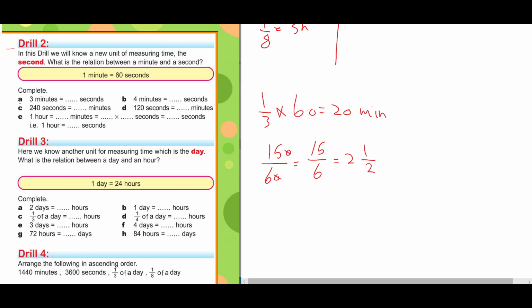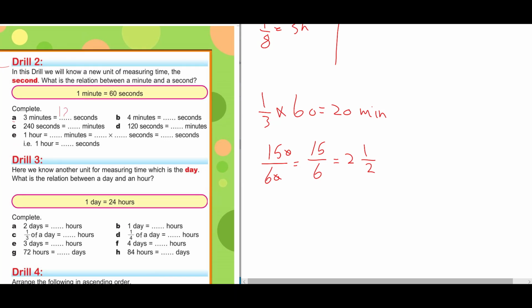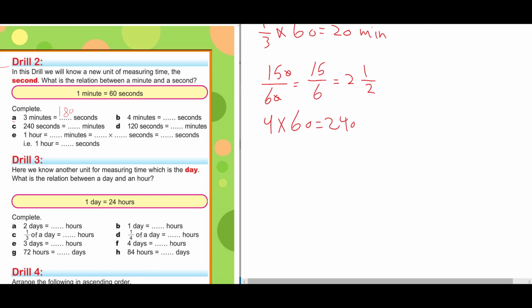We said you have to multiply 3 by 60 equals 180. 4 minutes, also multiply it by 60. 4 times 60 equals 240 seconds. 240 seconds equals how many minutes? Equals 4 minutes.